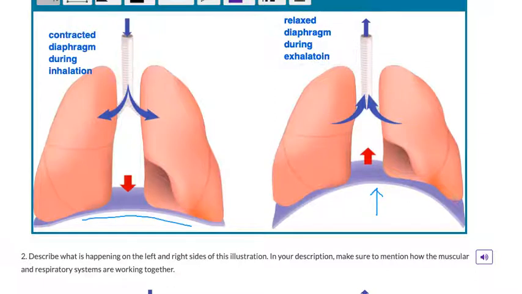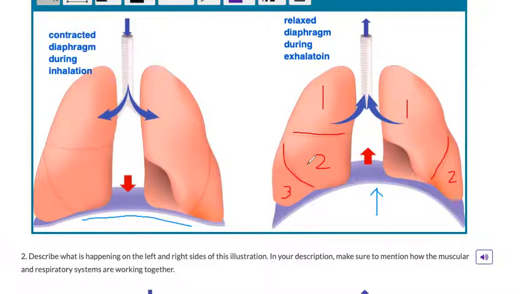There are a few things I want to bring up here. One thing is that I want you to notice this lung has 1, 2, 3 lobes. This lung has 1, 2 lobes.